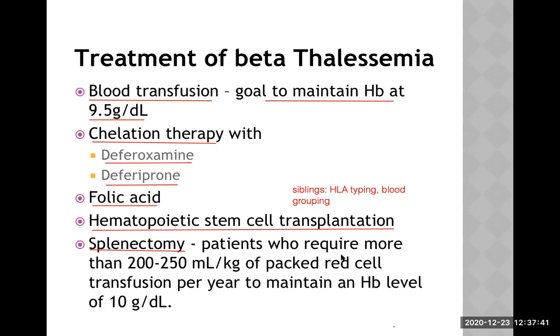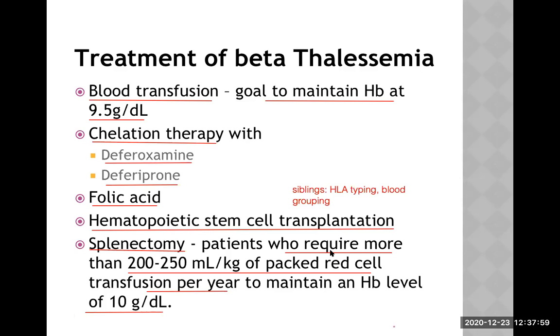But what is the indication? Patients who require more than 200 to 250 ml per kg of packed red cell transfusion per year to maintain a hemoglobin level of 10 gram per deciliter are the fit patients for splenectomy.